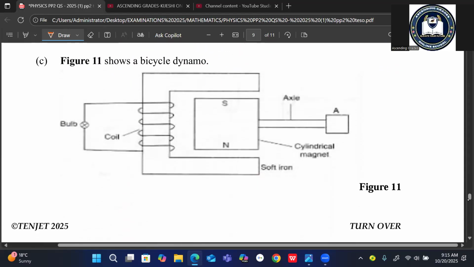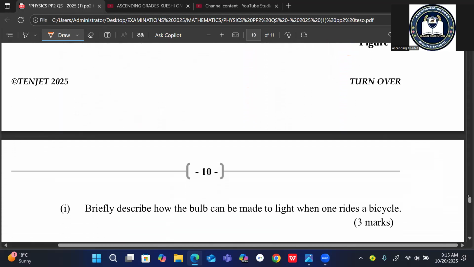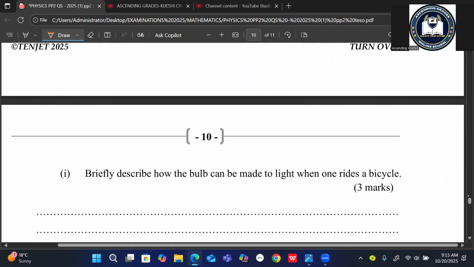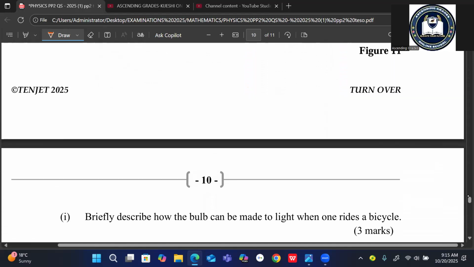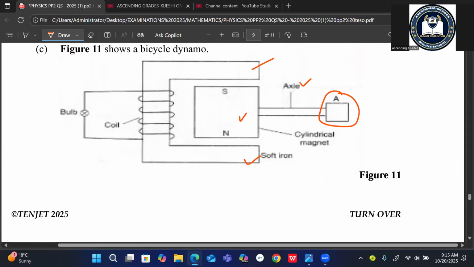The figure shows a bicycle dynamo. You can see it. We have our axle here. This is the part that will be made to rotate. We have our magnets. This is just a soft iron core. Then briefly describe how the bulb can be made to light when one cycles. So I'll give the writing just slightly below the question.